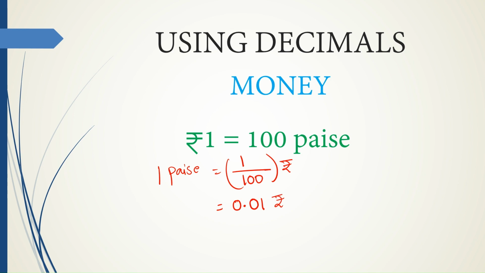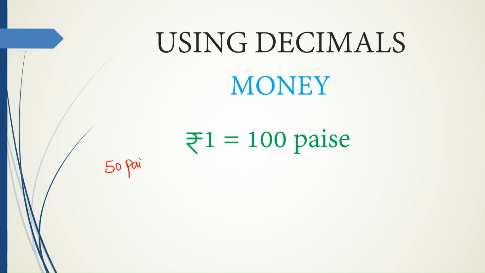Now if we want to make more conversions, consider 50 paise. 50 paise is nothing but 50 out of 100 parts of a rupee. Now, how to write this as a decimal number?